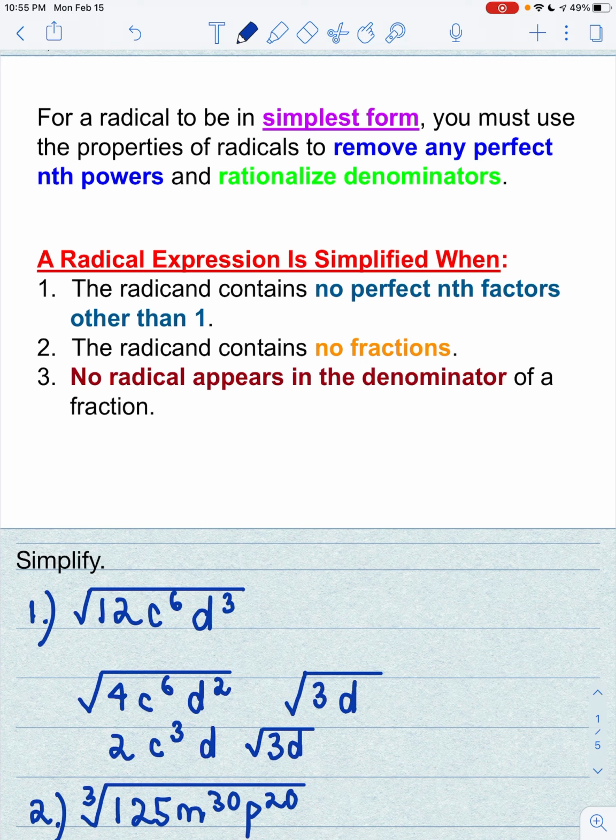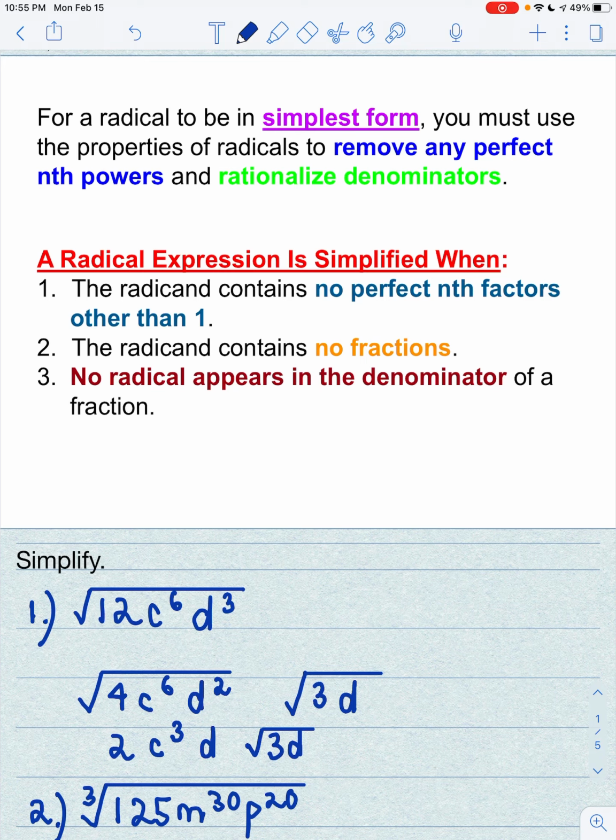You might be wondering about absolute value bars, as we've talked about last time we were together. When you take an even root of an even power that results in an odd power, we typically want to insert absolute value bars around those unknowns.